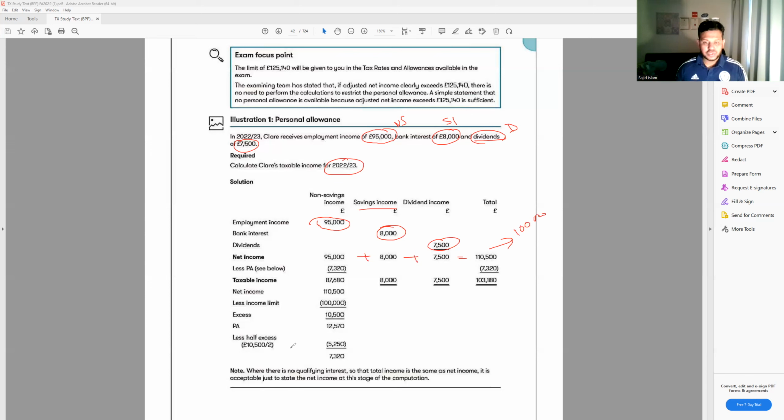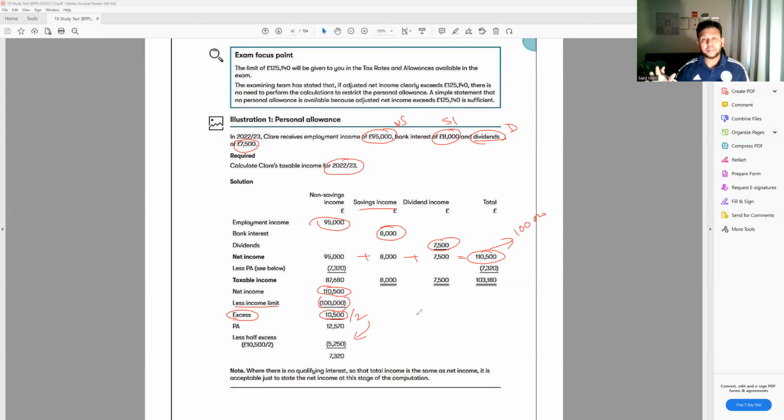How do I do that? The net income is 110,500, and we minus the limit. The maximum limit for the personal allowance is 100,000. So how much is the excess? The excess is 10,500. For every £2, £1 will be reduced, so we divide by 2, and that gives me my reduction. 10,500 divided by 2 gives me 5,250.